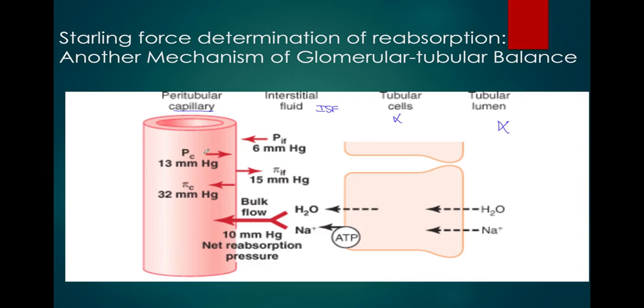And remember, your Starling forces are those ones that regulate whether you're reabsorbing or filtering from capillaries. So Pc is the hydrostatic pressure in those capillaries that would be pushing outward. Pi c is the blood oncotic pressure due to the proteins trapped in the bloodstream, so they're going to be pulling water and small solutes inward.